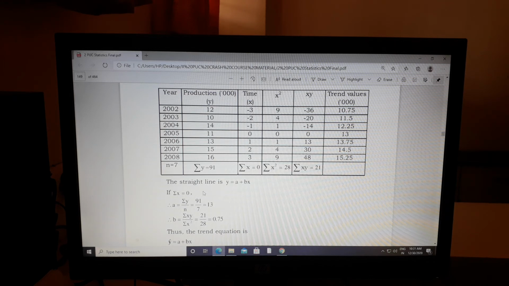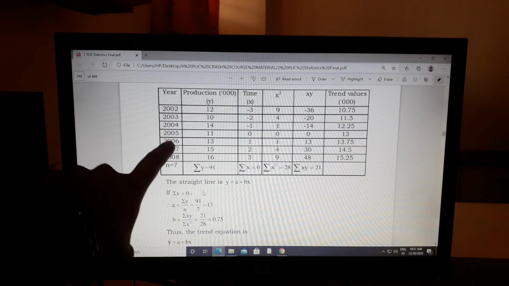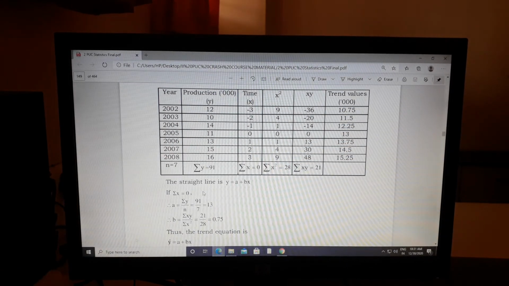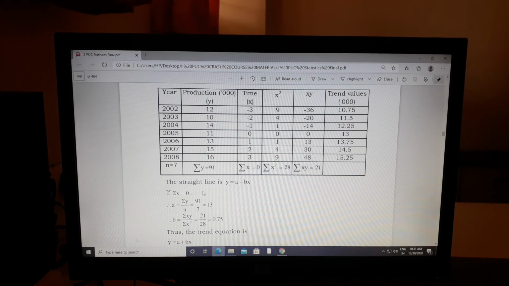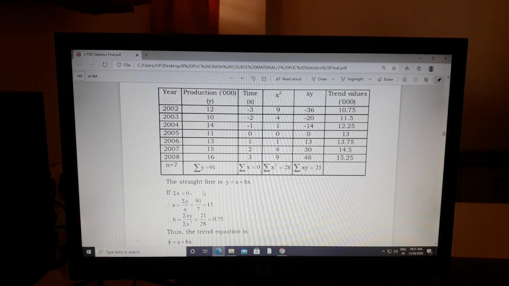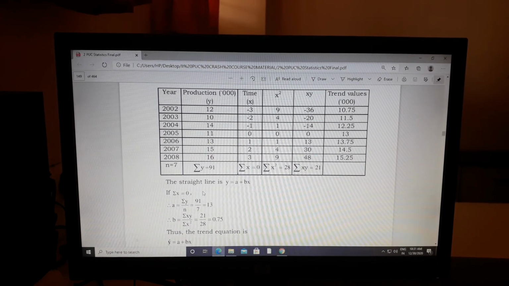Minus 3. So we need to calculate the sum of deviations from actual original year to the middlemost year. So 2002 minus 2005, minus 3; 2003 minus 2005, minus 2; 2004 minus 2005, minus 1; 2005 minus 2005, 0; 2006 minus 2005, 1; 2007 minus 2005, 2; 2008 minus 2005, 3. So the summation x time points will always become 0.